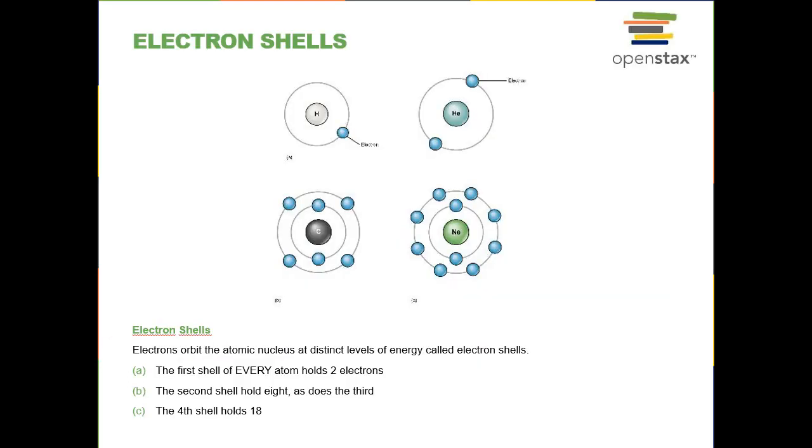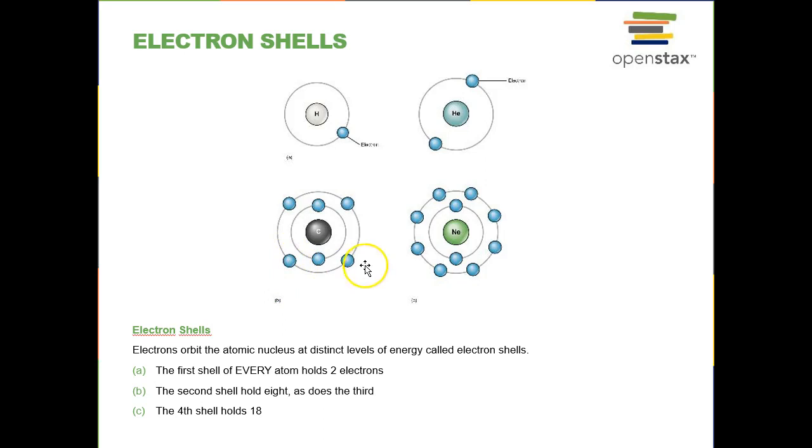Now we need to look at these electron shells or energy levels as they are called. So you start, the smallest atoms, helium and hydrogen, have just this one inner electron shell that has room for 2 electrons. If you have more than 2 electrons, you start a second energy level that can hold up to 8 electrons.